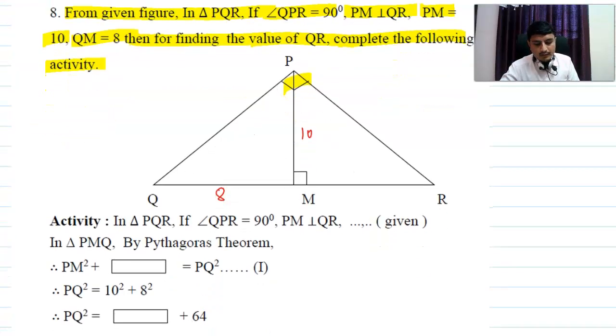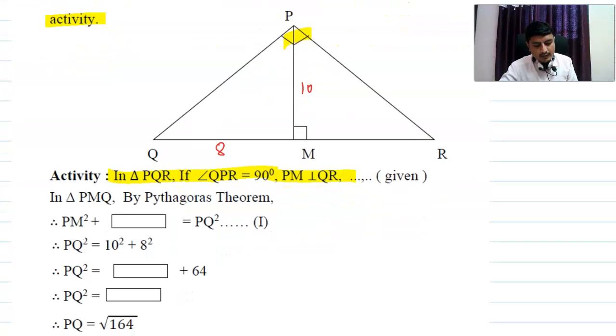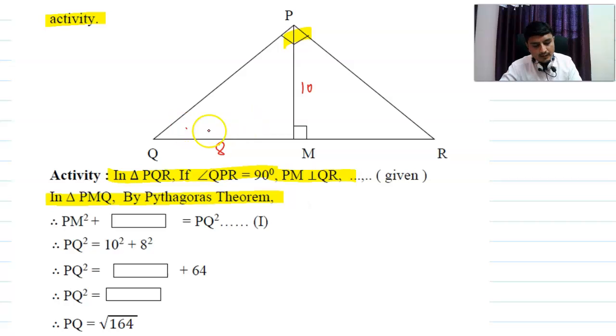Look at the activity. In triangle PQR, angle QPR equals 90 degrees. PM is perpendicular on QR, so by using the Pythagoras theorem in triangle PMQ, this red shaded triangle, we get PM square plus QM square equals PQ square.